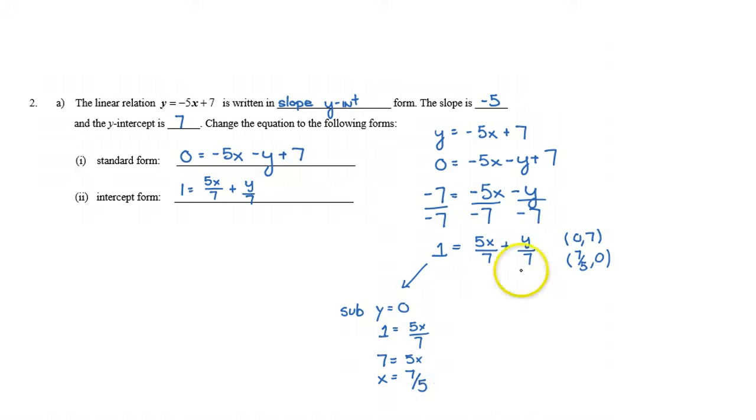The other way to do it is to think back to when we worked with fractions. I'm only going to take this section of the fraction right now as I talk. I'm going to ask you a couple questions. The first thing is, do you agree that 5x over 7 is the same as x over 1 times 5 over 7?